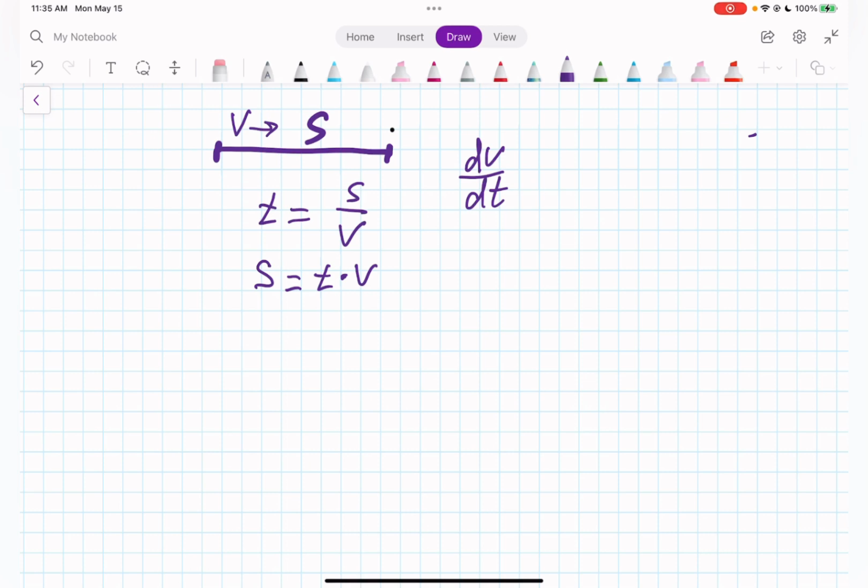It's going to be calculus that will take care of it. If you take a derivative of the derivative, let's say dv by dt, and you take another derivative, that is going to be your acceleration. By the way, this dv by dt you can also mark as v prime.